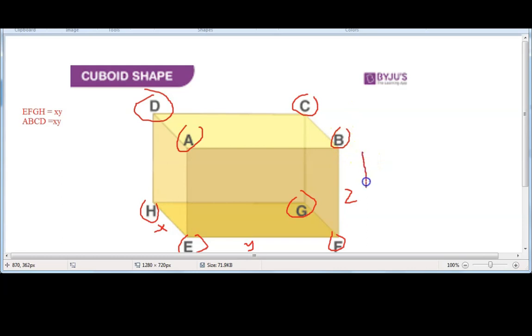This rectangle and this rectangle look alike. The faces are equal.